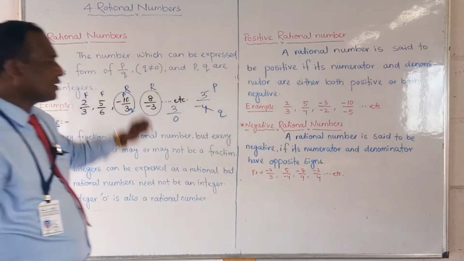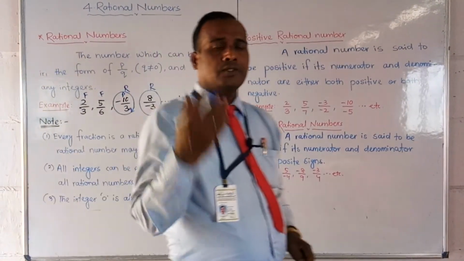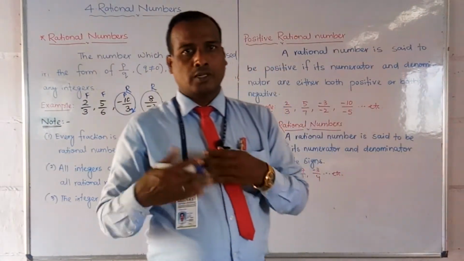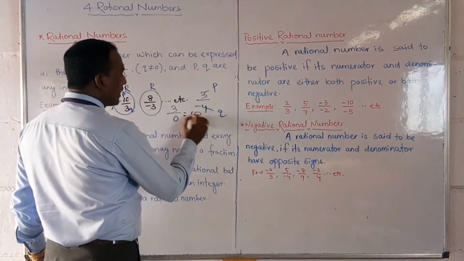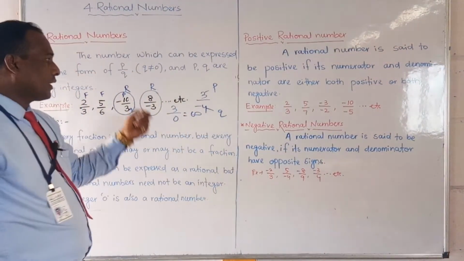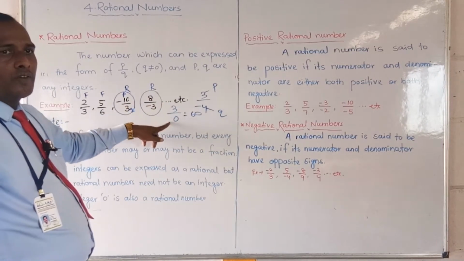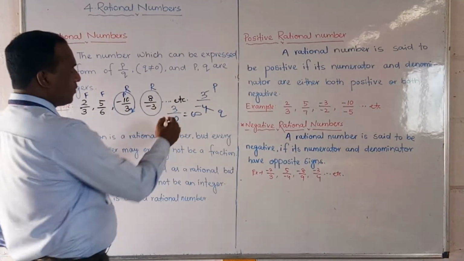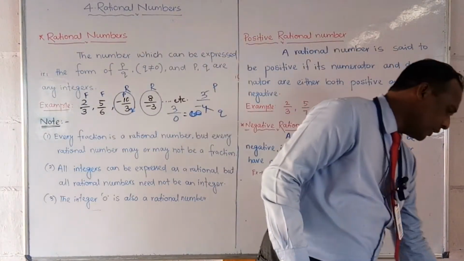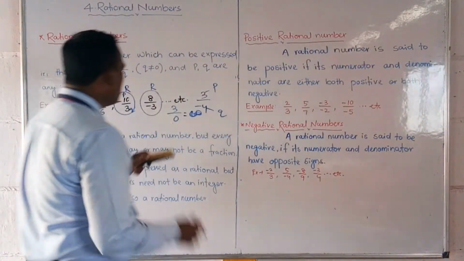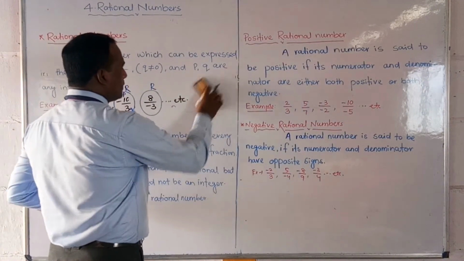Why should we give that condition? If you divide 3 by 0, the value is undefined. We cannot identify the value. If we divide any number by 0, what will we get? We cannot find out. So it is indefinite, we should say undefined. That's why q should not be 0.